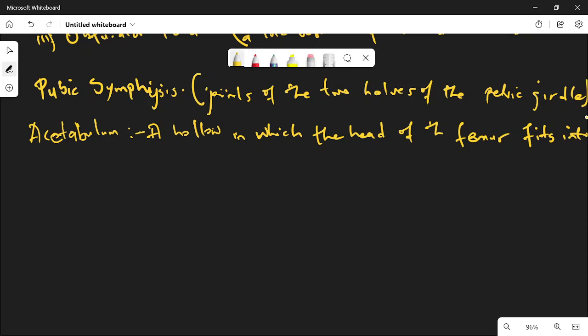The acetabulum is a hollow in which the head of the femur fits into.